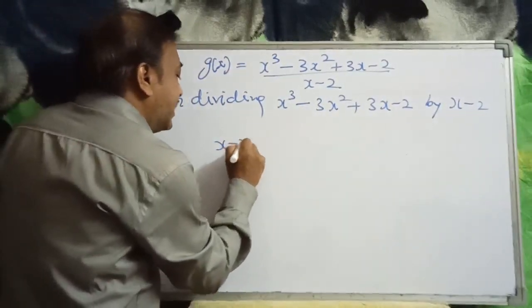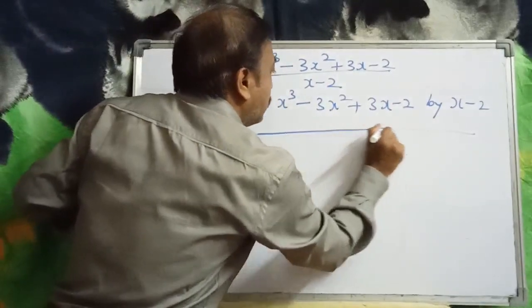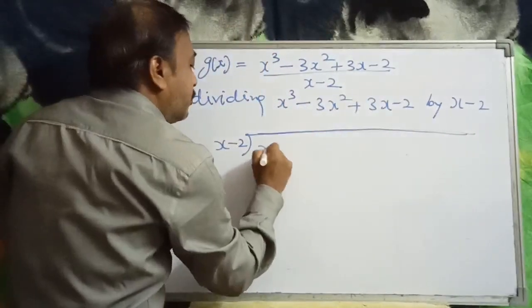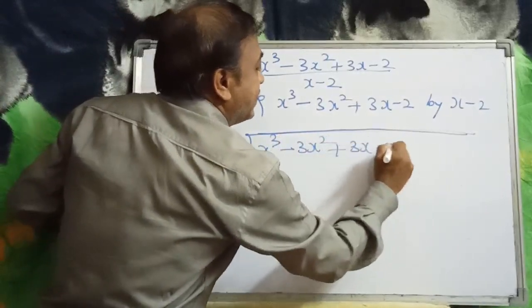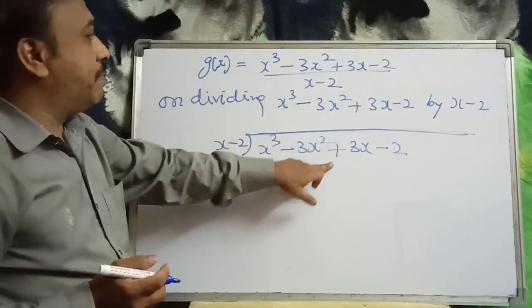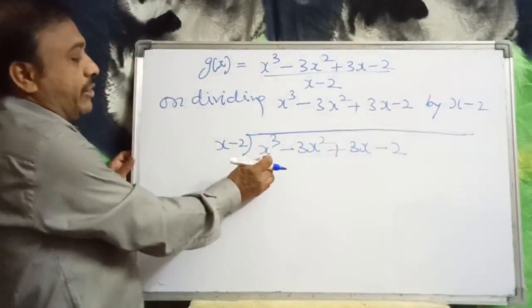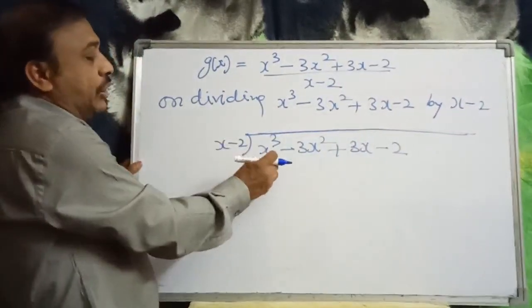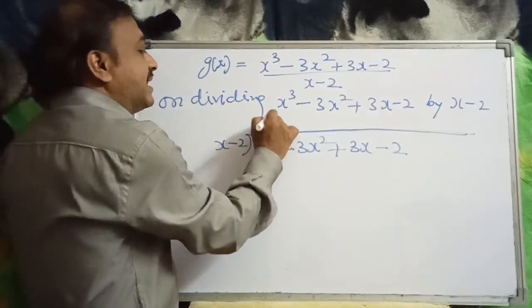Next, x cube minus 3x square plus 3x minus 2, and this is x minus 2. Now here you have x cube and x. When you divide x cube by x, you obtain x square.